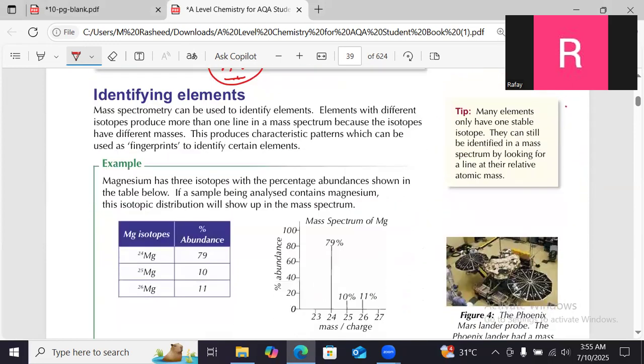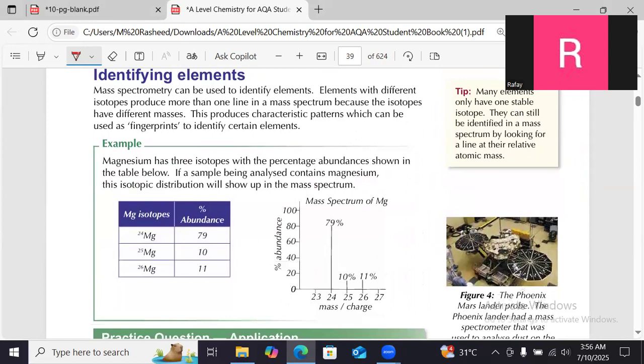Similarly, you can identify elements on the basis of their mass. When you determine their relative atomic mass, then you can analyze the elements as well. Like magnesium has three isotopes with percentage abundances shown in the table. If a sample being analyzed contains magnesium, this isotopic distribution will show up in the mass spectrum.